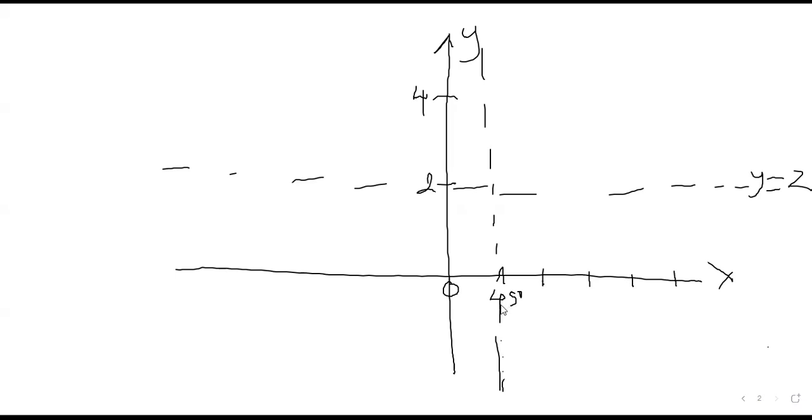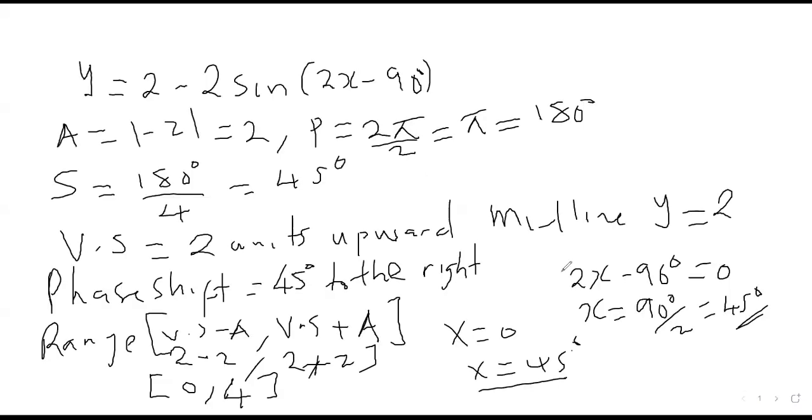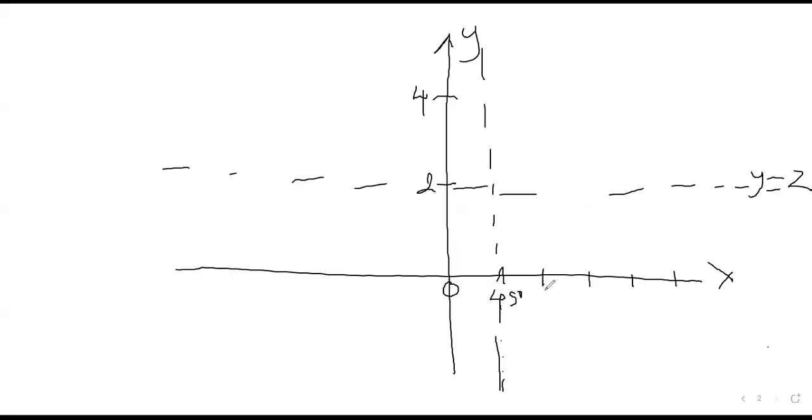From this 45 to the next, what should be the value? The scale here is 45. So 45 plus 45, the next value is 90. The next value, 135. And then the next value is going to be 180. You can extend it just like that.